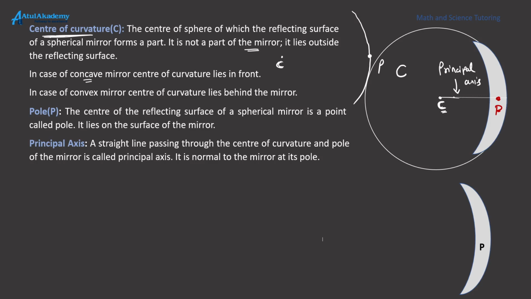It is normal to the mirror at its pole, meaning it makes an angle of 90 degrees at the pole of the mirror. That's the principal axis. The principal axis is the line between C and P. When you join CP, you get the principal axis.